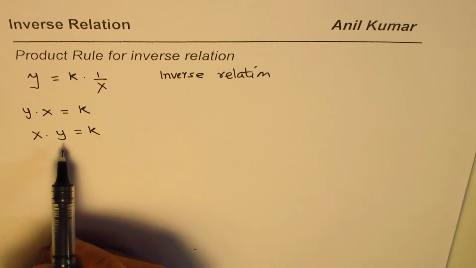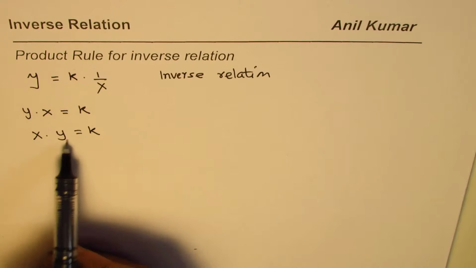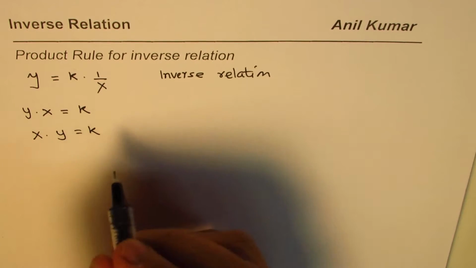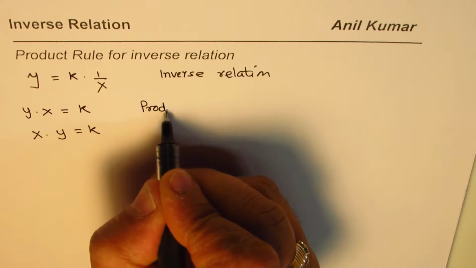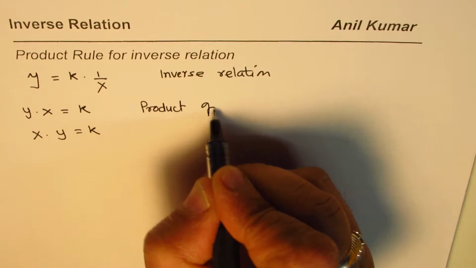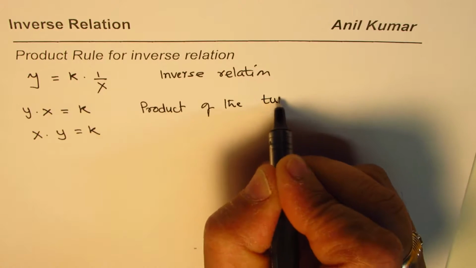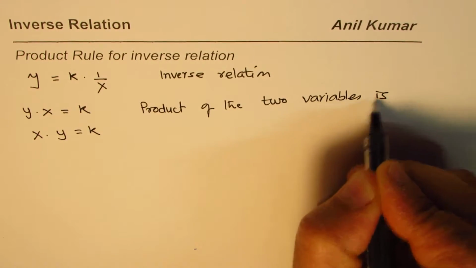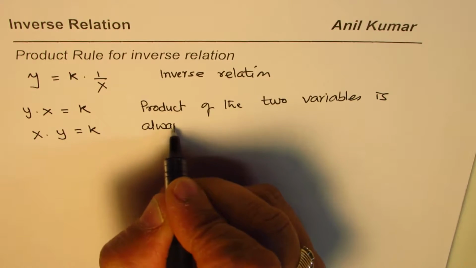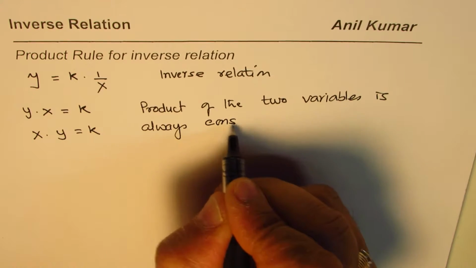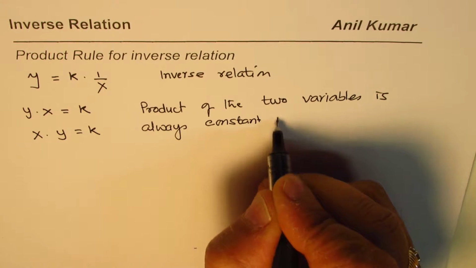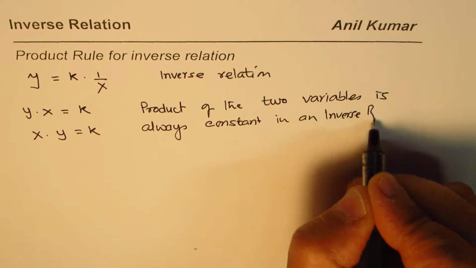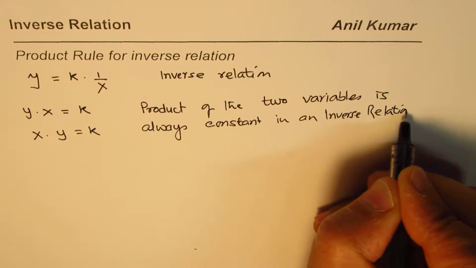So what we're trying to say here is that the product of the two variables is always constant in an inverse relation.